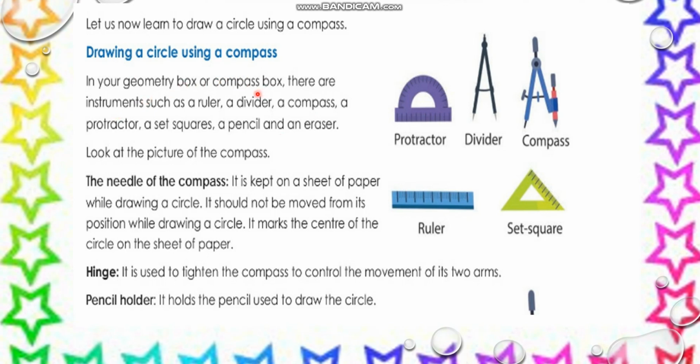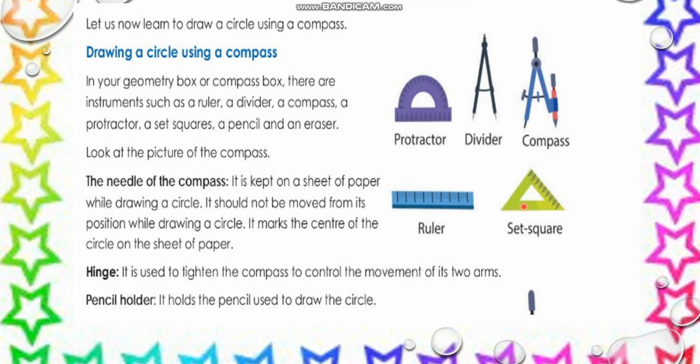In your geometry box or compass box, there are instruments such as a ruler, divider, compass, protractor, set squares, a pencil, and an eraser. So, which are the things we will get inside a geometry box? They are protractor, divider, compass, ruler, set squares.